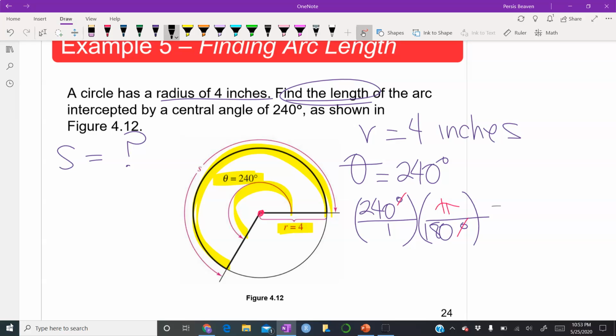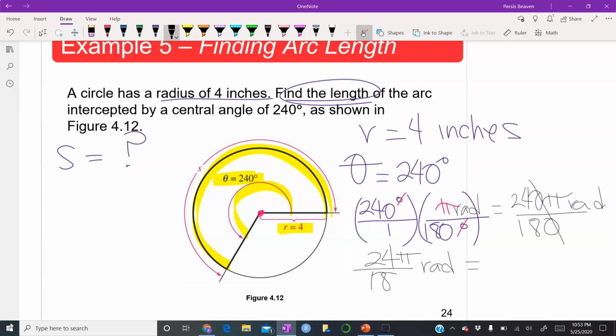So we're going to have 240 times pi, and here we will have 180. And actually, I forgot, here it should say radians. That would be the unit. So 240 divided by 180, we could cross out the zeros, so we have 24 over 18 pi radians. And let's see, we could divide that by 3. Yes, so 24 divided by 3 is 8.